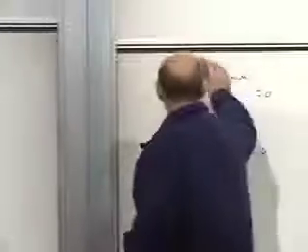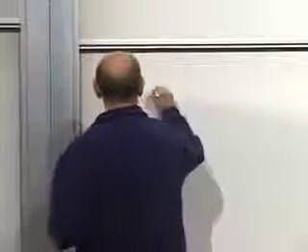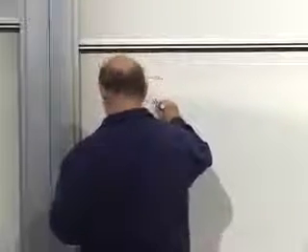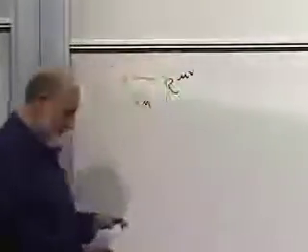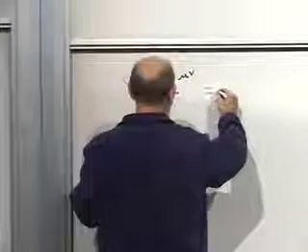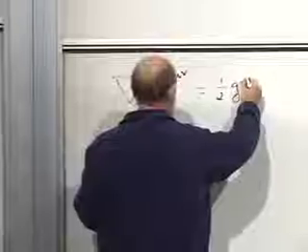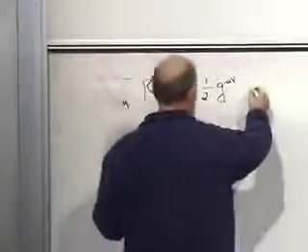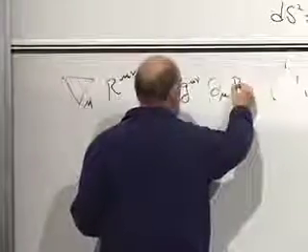Here's the identity that you find. You find that del mu of R mu nu is not equal to 0. It happens to be equal to 1/2 g mu nu times the derivative with respect to mu of the scalar curvature.